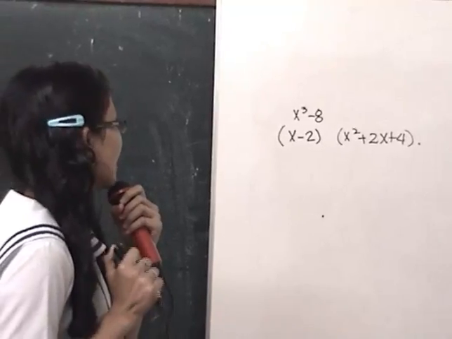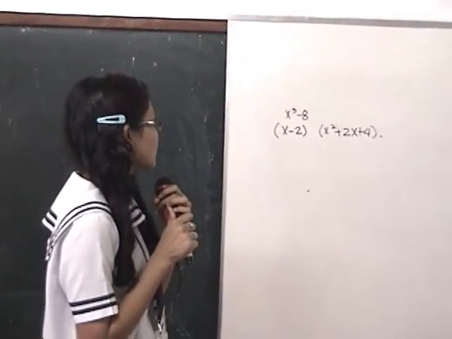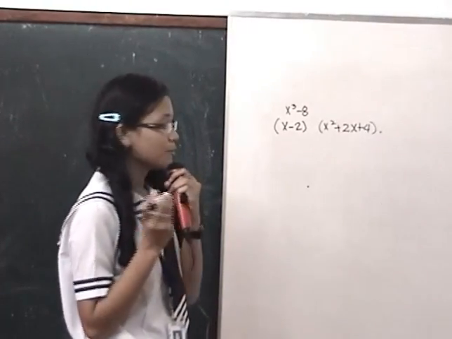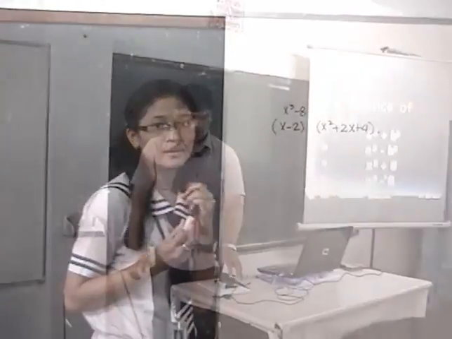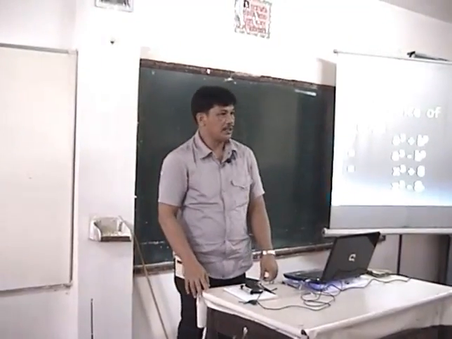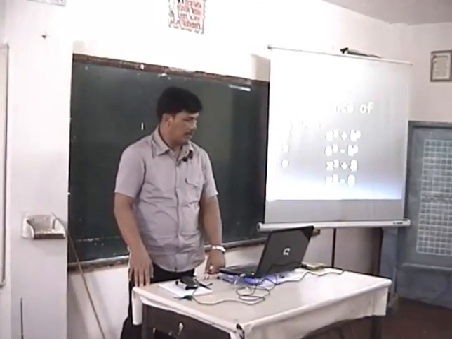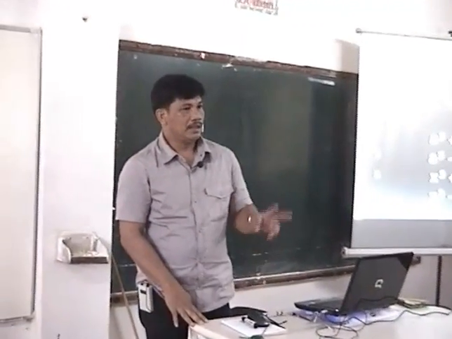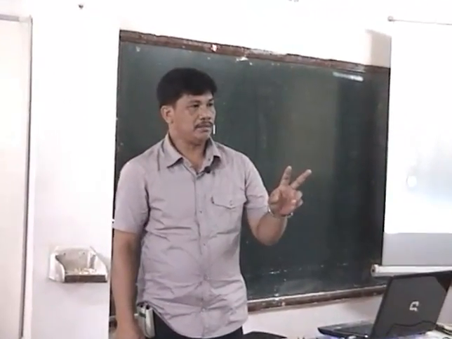Finally, the answer, or the factor of x cubed minus 8, is equal to x minus 2 and x squared plus 2x plus 4. So, what are now the things to remember in factoring sum and difference of cubes? First, the two factors must consist of what?